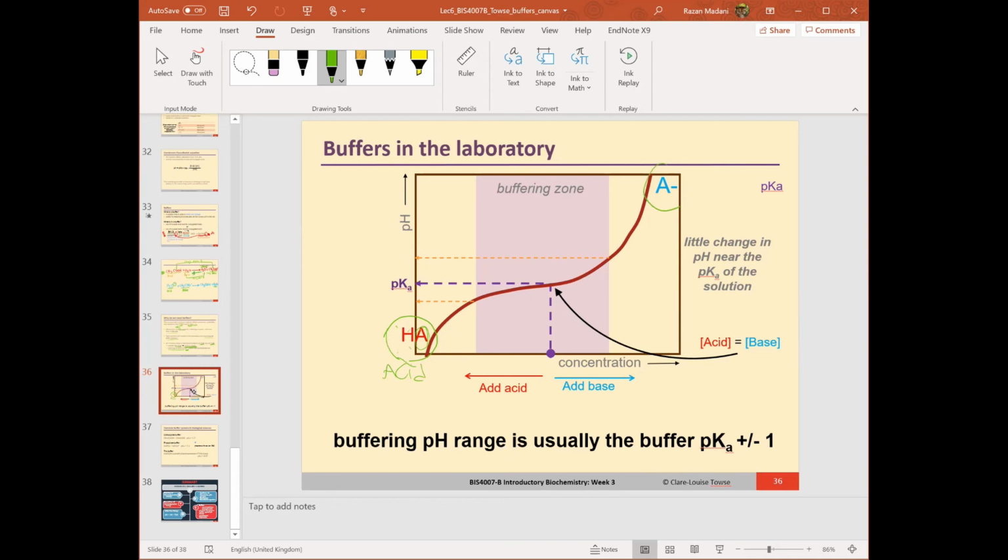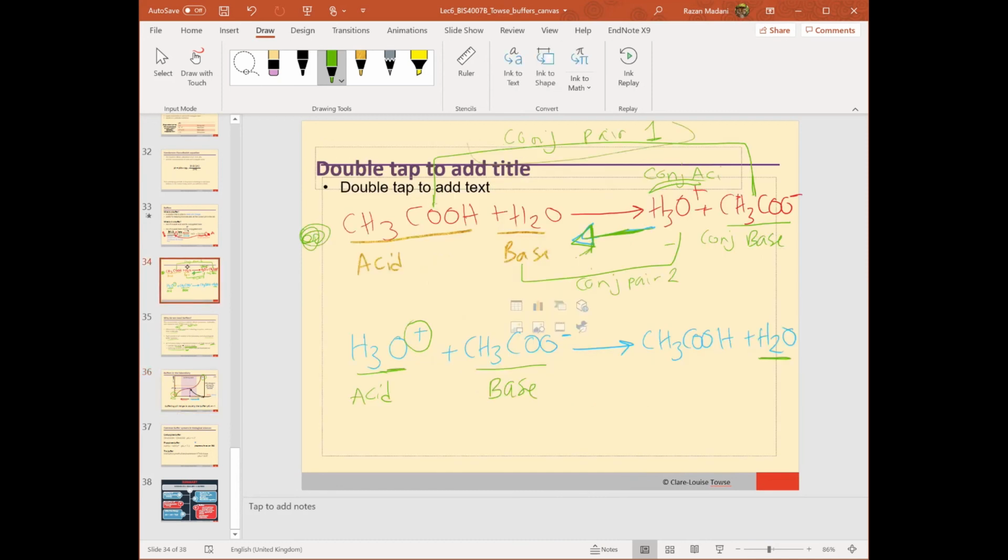And this one is the conjugate pair of that one, isn't it? Because it's accepting it. No, remember what conjugate pair means? It's basically the molecule and what happened to it afterwards.